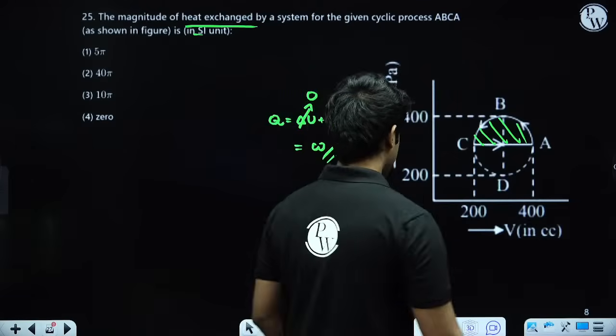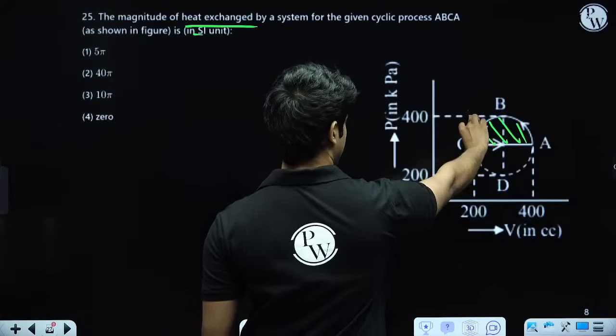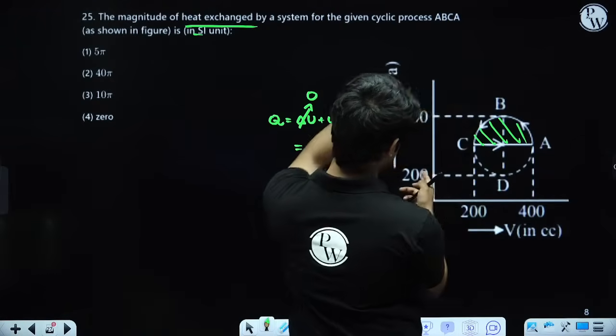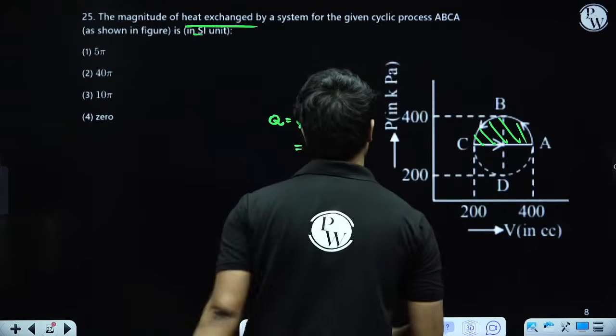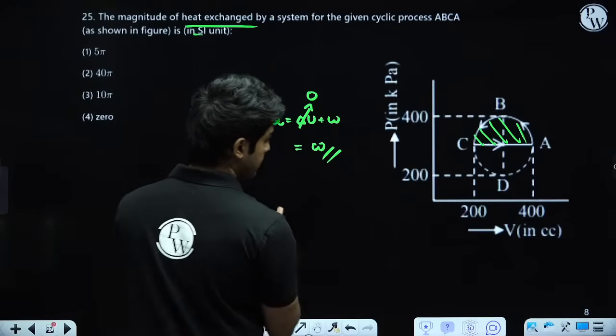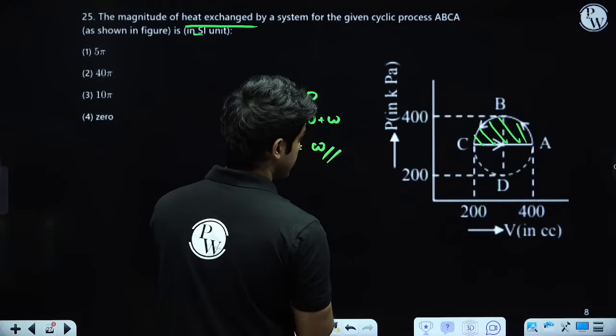If you observe, this is the diameter of the circle, which is 200 kilopascals. So the radius of the circle is 100 kilopascals, or 100 basically.